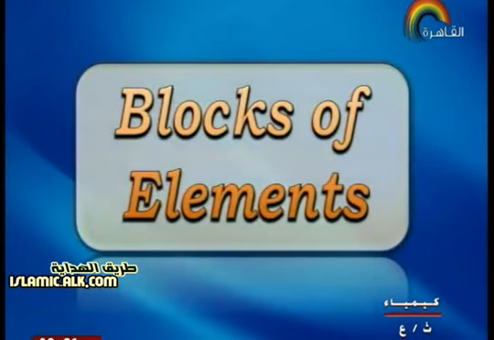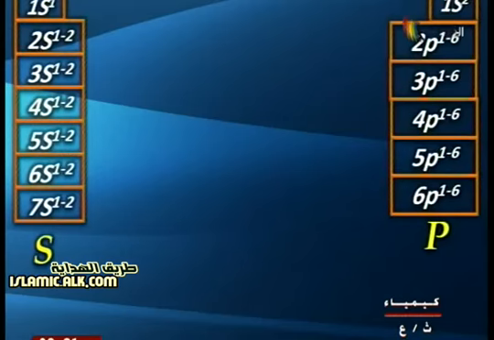Now, my dear students, we are going to make a revision on blocks of elements. On the left side of the periodic table, all the elements end by filling the S sublevel, so we call them S block elements. The elements whose configuration ends with the P sublevel are found on the right side of the periodic table and are called P block elements.